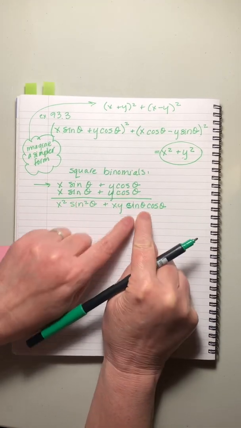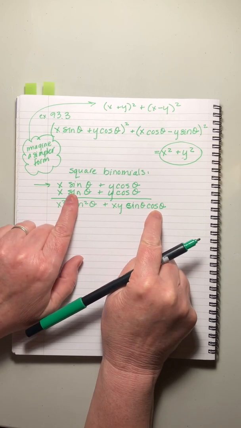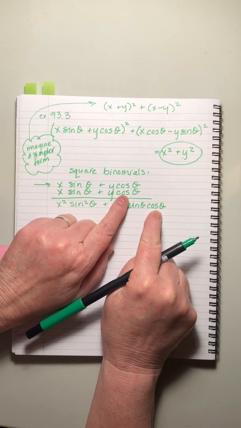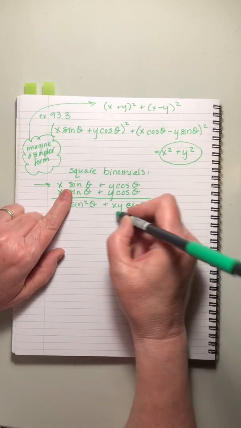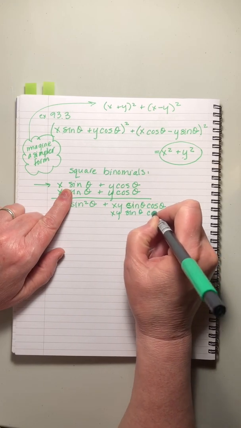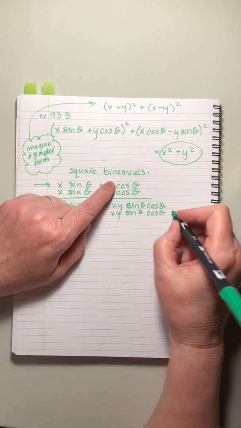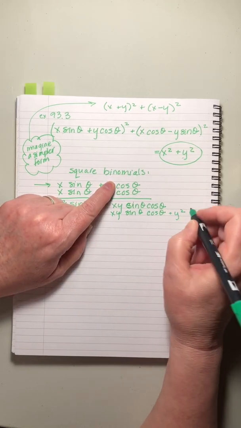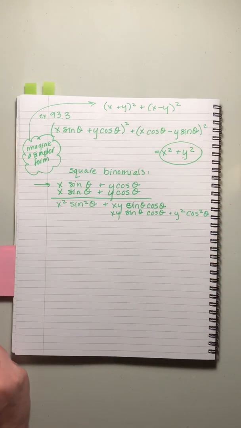Because they're different. I always put sine and cosine in this order. Sine comes first. Thank you, young lady. Sit down. Now it's her turn. She multiplies with this. Well, look, it's the same thing. It's xy, sine of theta, cosine of theta. And now she dances with him. Plus y squared, cosine squared theta.